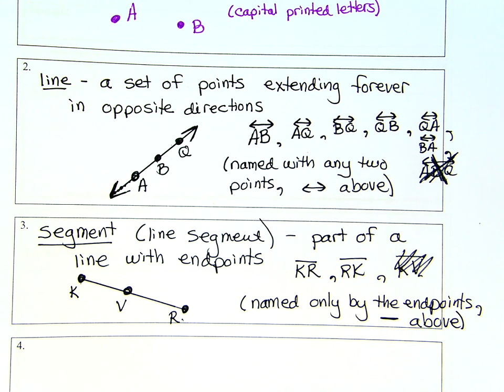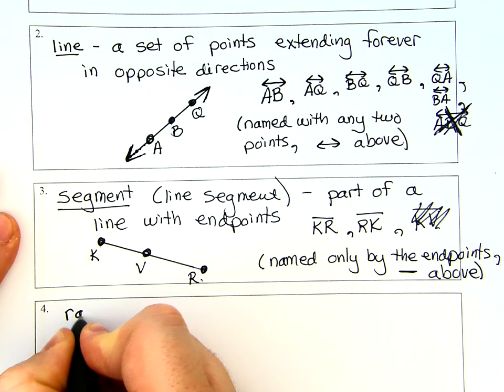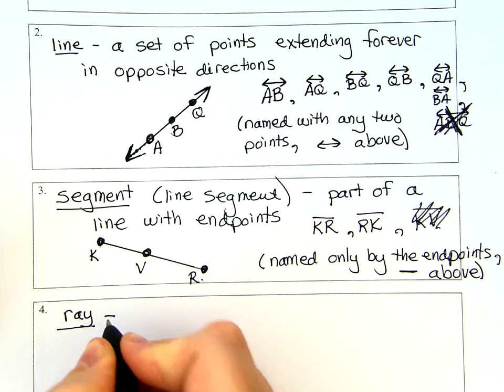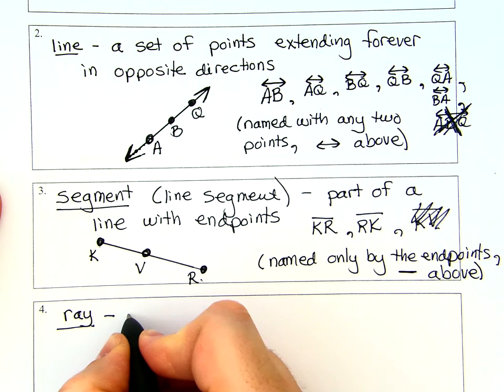One more thing in the notes, then we're going to take a little break and do some practice with all the naming stuff. Our third thing is a little bit like a line and a little bit like a segment. It is called a ray. It is part of a line, but has only one endpoint.